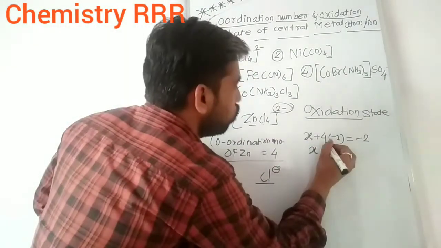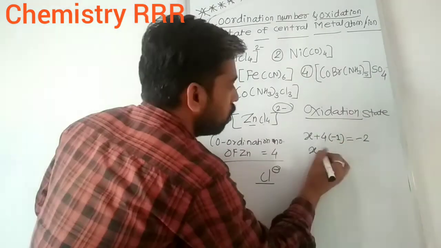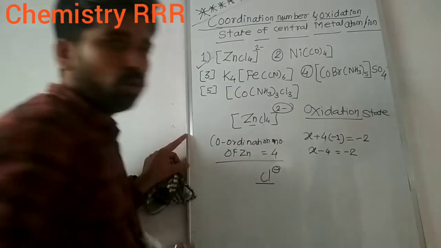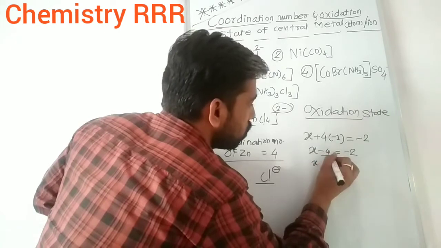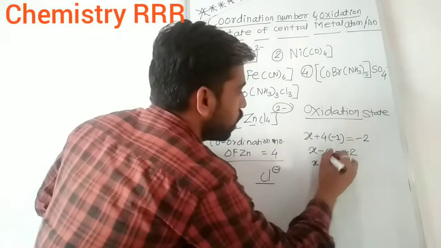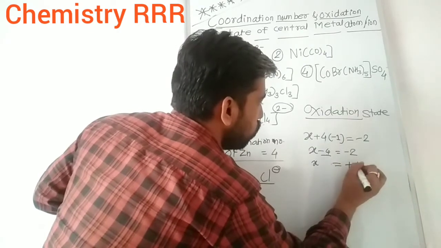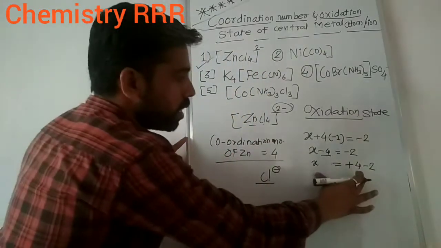Now let's solve. X plus 4 into -1, that is -4, is equal to -2. Now this -4, when you transfer it to this side, becomes +4. So +4 -2. Okay, understand this point?